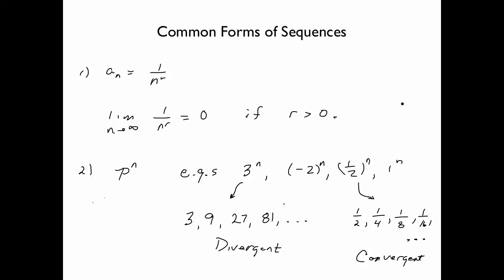When that base is outside of 1 or negative 1, it's going to diverge, get really, really large. But when you're within 1 and negative 1, you keep multiplying by another fraction, so your terms are going to get small and go to 0. So let me just write that down.